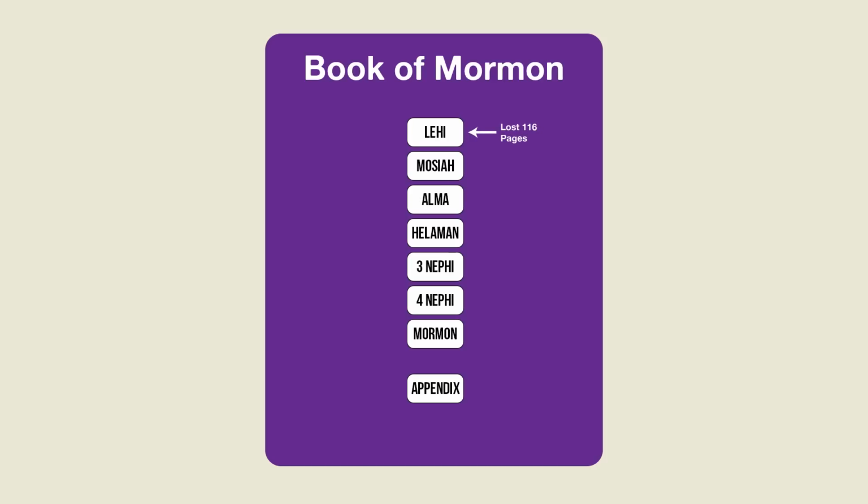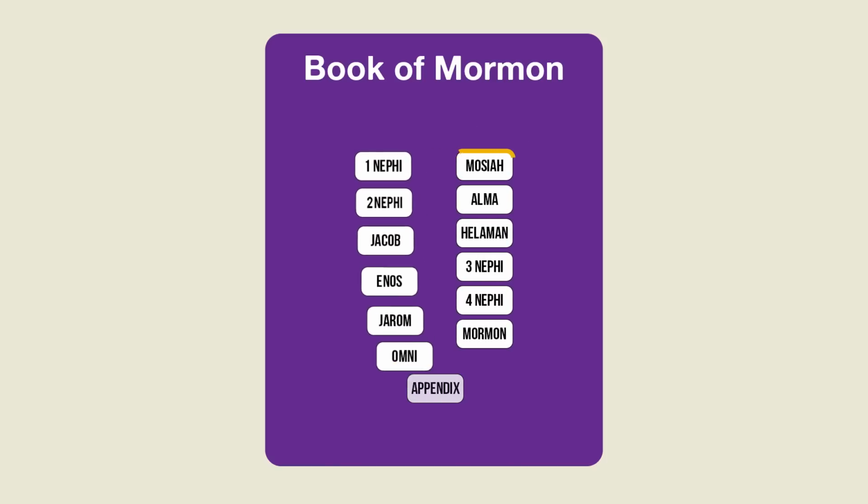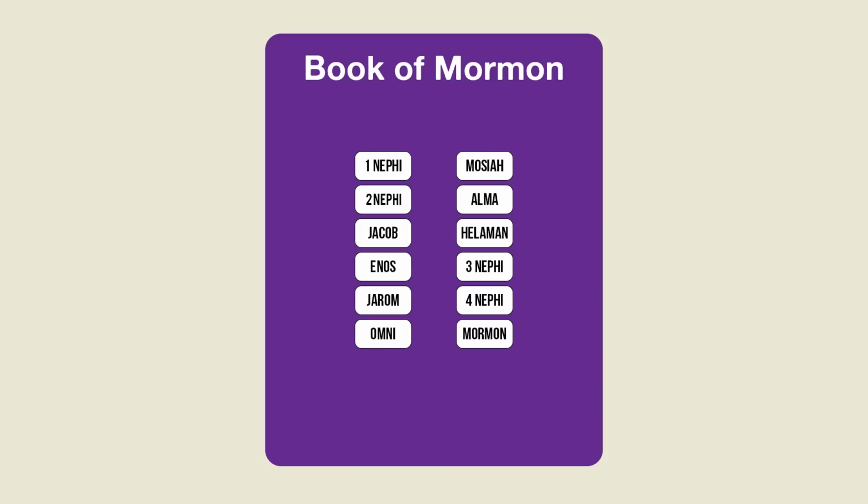According to this theory, the 6 books based on the small plates were originally supposed to be placed at the end, as sort of an appendix, since they cover the same period that the lost Book of Lehi supposedly covered. So what some Mormons believe is that after the lost 116 pages incident, Smith continued with Mosiah first, and then completed 1st Nephi to Omni last. However, he placed these final 6 books at the beginning, in order to make the whole thing flow more chronologically.